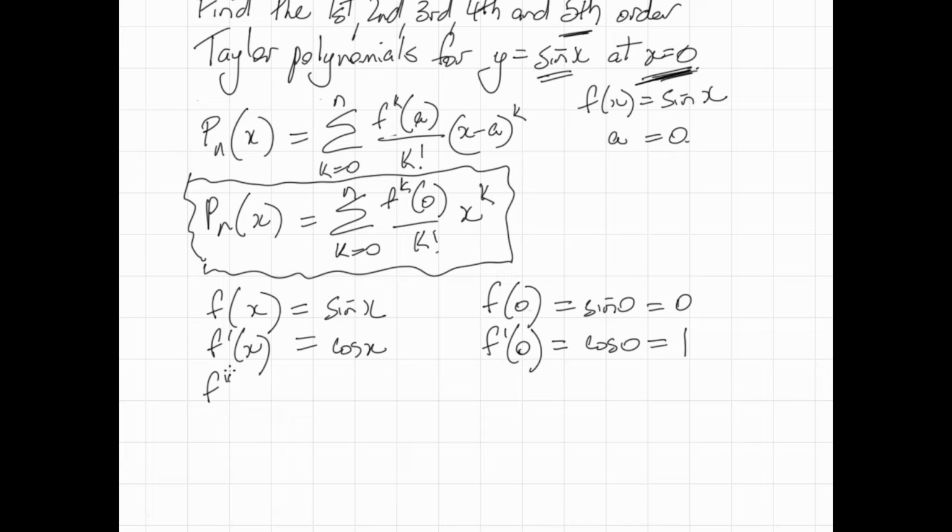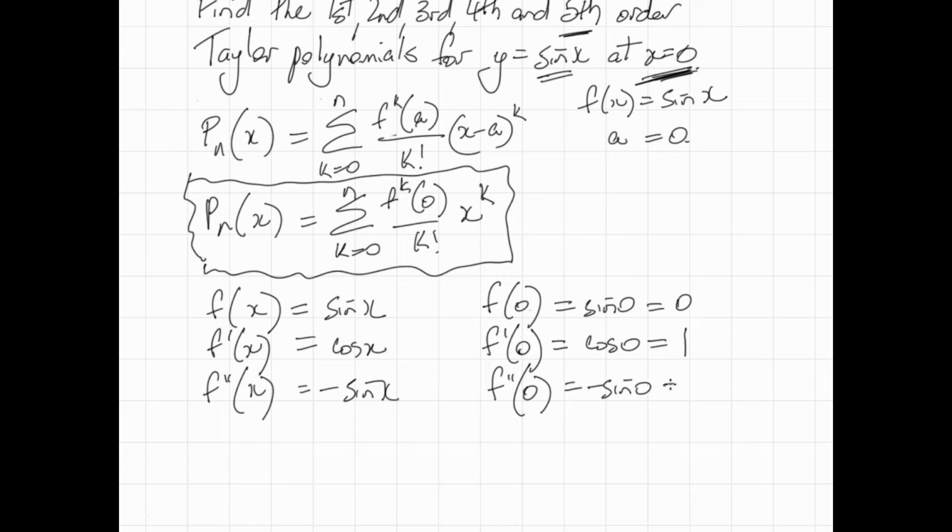We want all the way up to the 5th order, so we have to have the 5th derivative. So f double dash of x, the second derivative, which is the derivative of the first derivative, is negative sine x, and f double dash of 0 will be minus sine of 0.